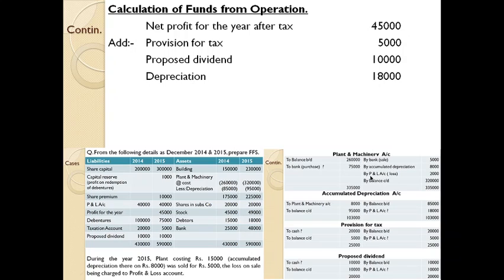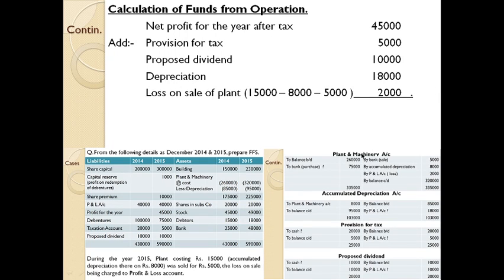After that you have to go for C. Remember, here the accumulated depreciation account is already given, so you have to take this depreciation of 18,000 only. Never take this amount. This amount is taken when no provision for depreciation or accumulated depreciation account is prepared. In that case, you can take this depreciation as part of non-operating expenses in the calculation of fund from operation.